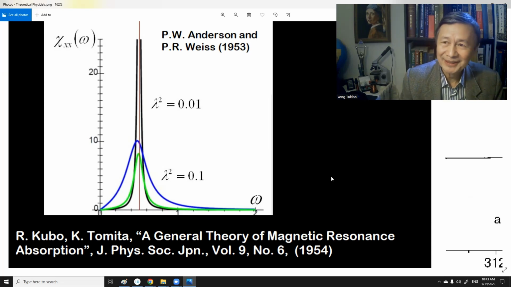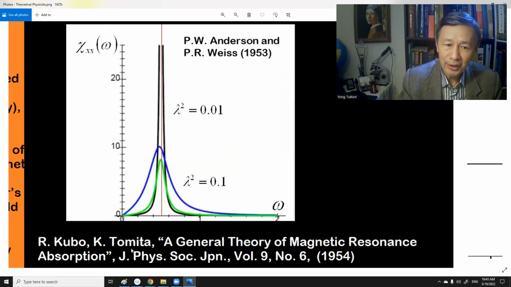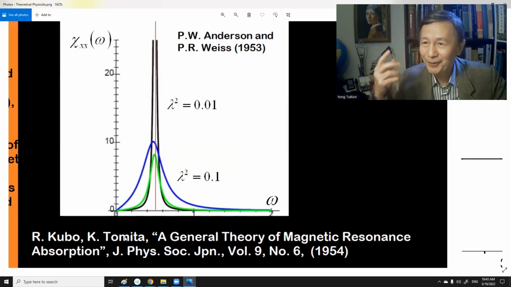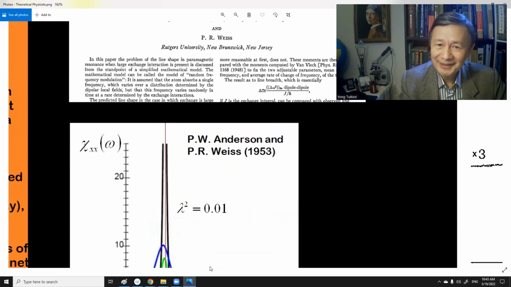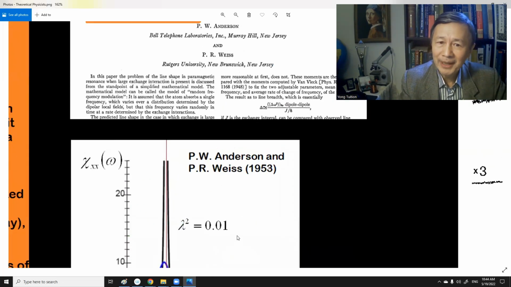Because later on, the so-called linear response theory became so important in physics and beyond due to the contribution of Kubo. But where did Kubo get his first idea? The answer is the publication by P.W. Anderson and P.R. Weiss in 1953.